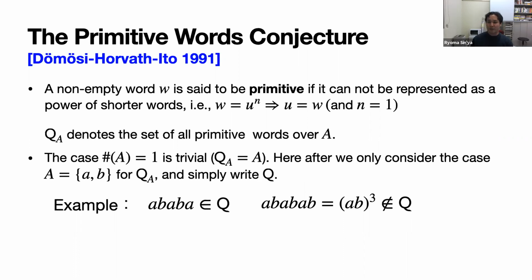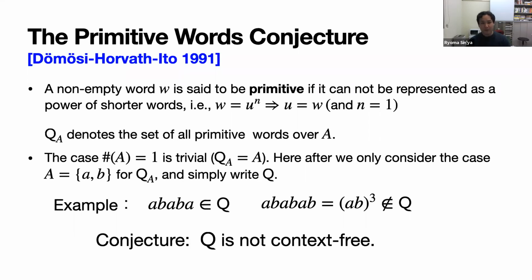So it is not primitive. The open problem asks about the context-freeness of this language Q. They conjectured that Q is not context-free, and I believe this is not context-free, but still this problem is unsolved.